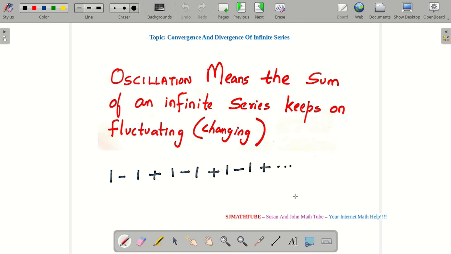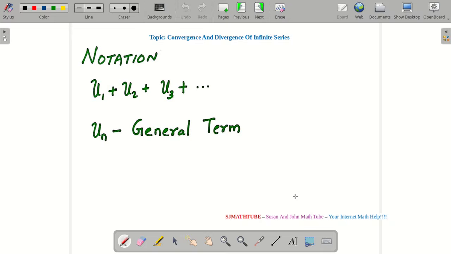One is called convergence and the other is called divergence. Okay, so I hope you are noting all these points, the definition of divergence and then convergence and finally oscillation. Okay, so let's move ahead.